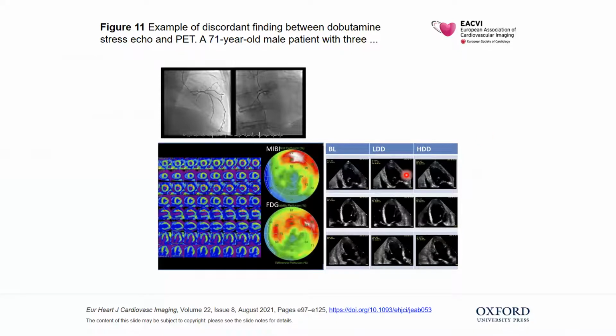Actually here we have a mismatch. This is a SPECT study and this is a PET study. You see that the maps are different, and this indicates that there is viable myocardium. But the dobutamine was negative and there was no contractile reserve. So you may have discrepant results between different tests because they show different things.